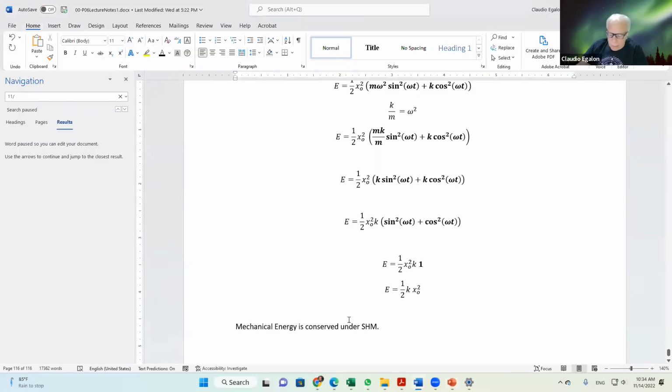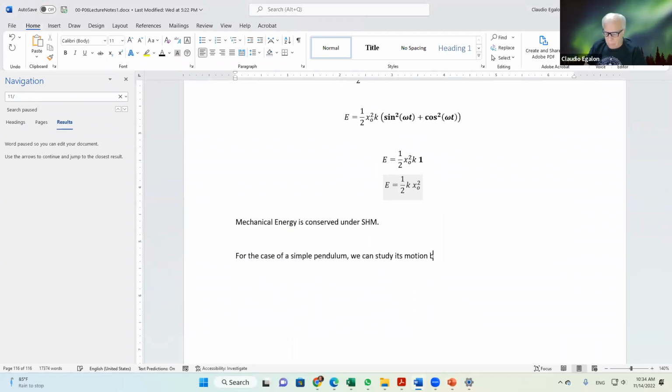So for a pendulum, in the case of a simple pendulum, we can study its motion by looking at the net torque applied to it. Right? So the net torque applied to our pendulum is going to be given by what?